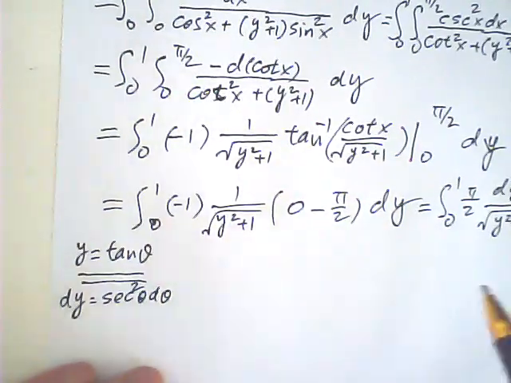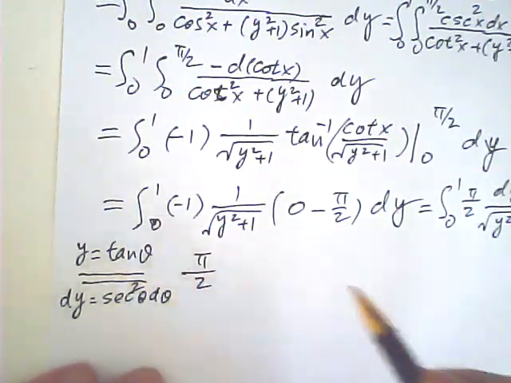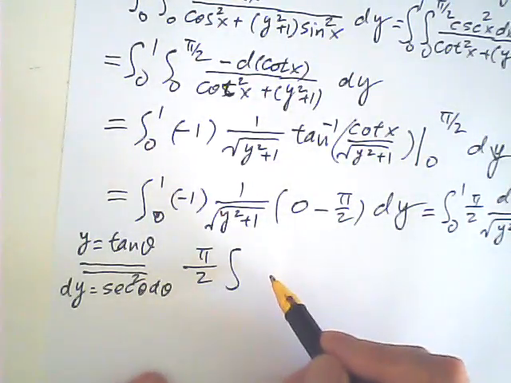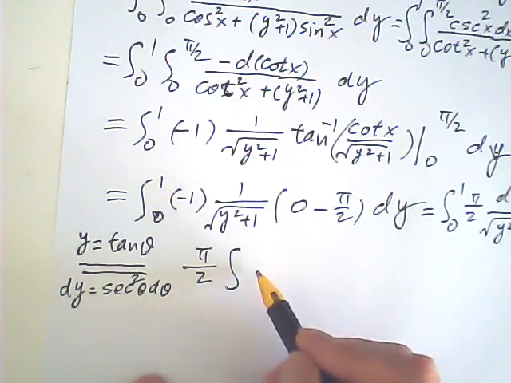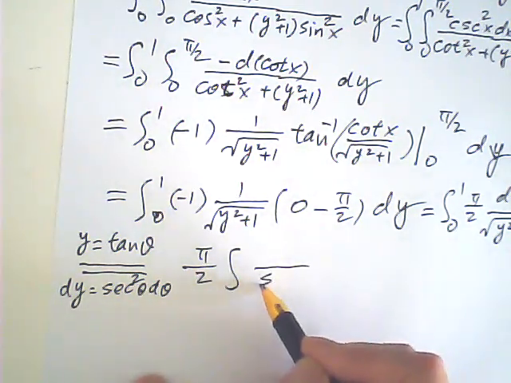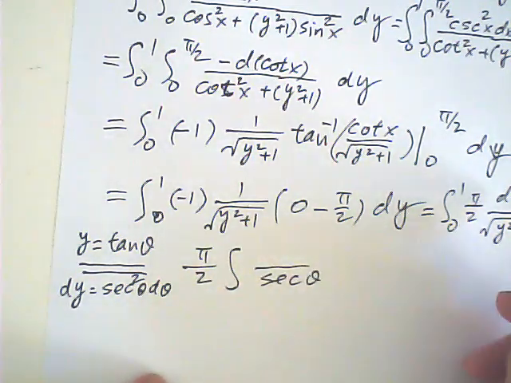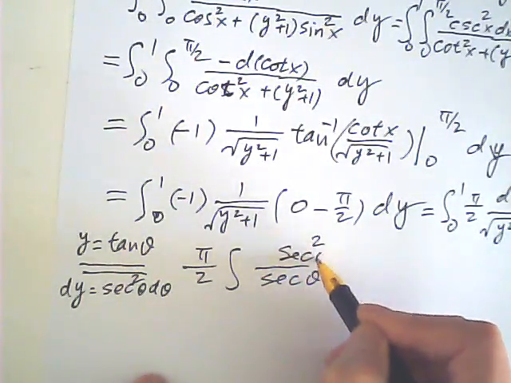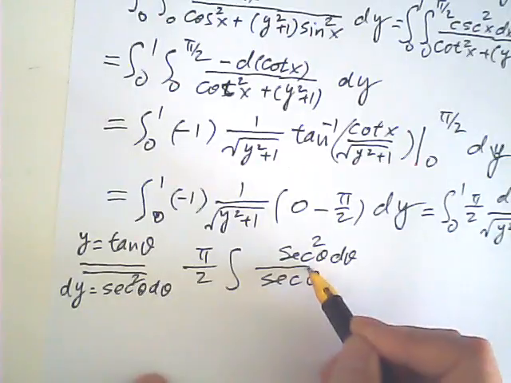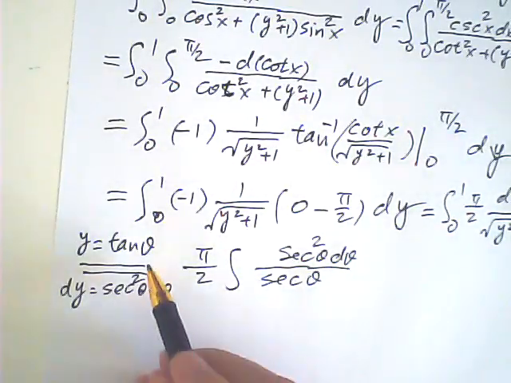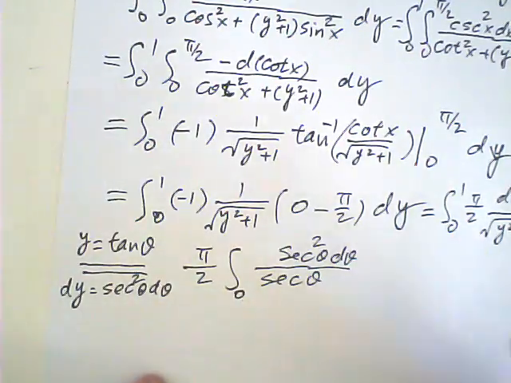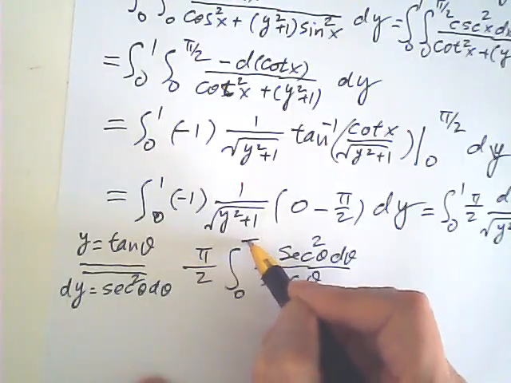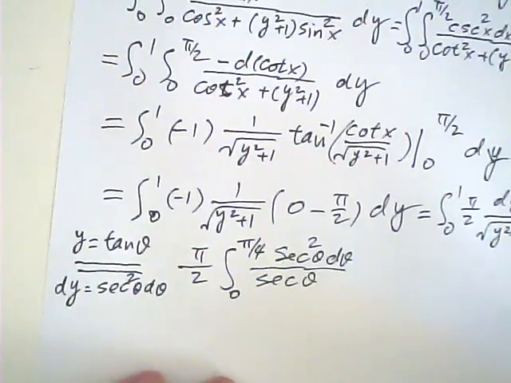Now my integral becomes half pi, and this will be secant theta, and this will be secant square theta d theta. And when y equals 0, theta is 0, y equal to 1 is quarter pi, right? Quarter pi.